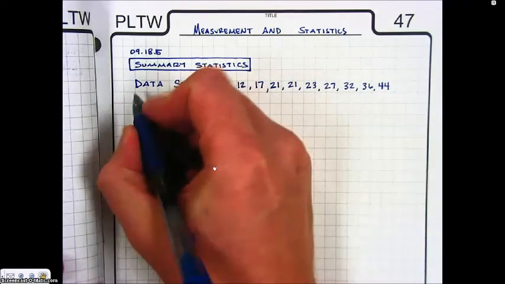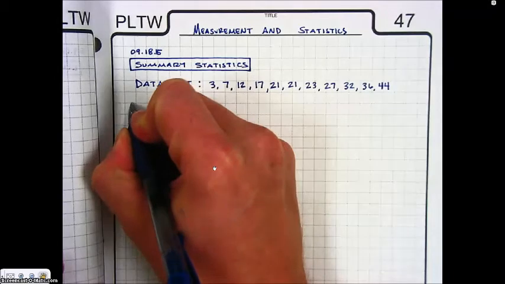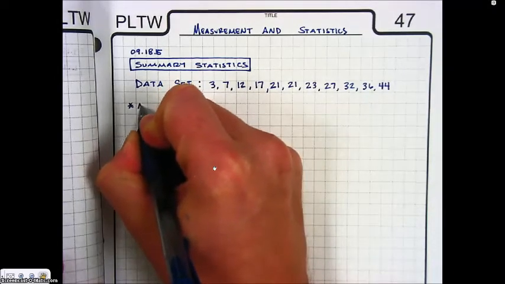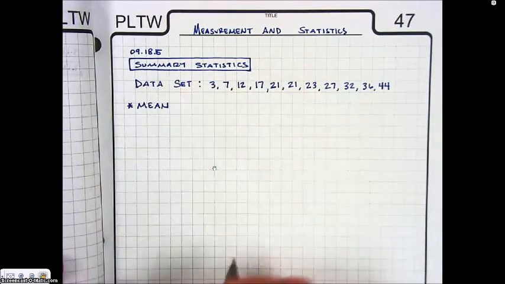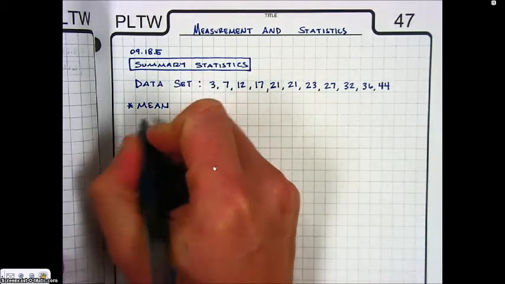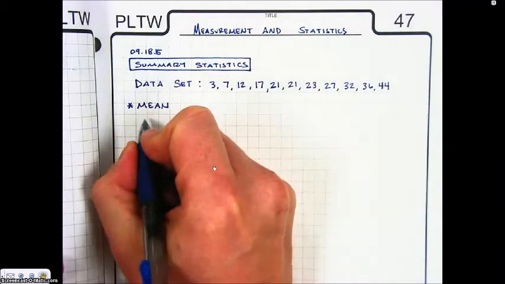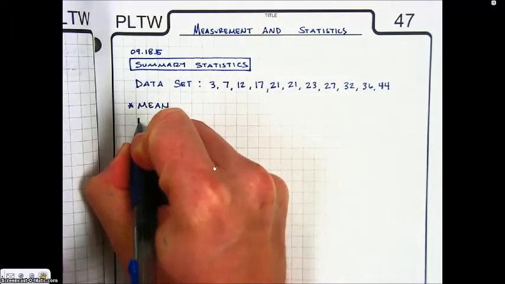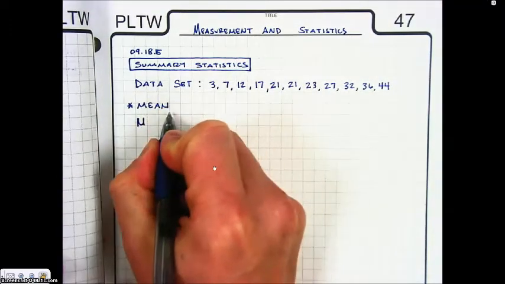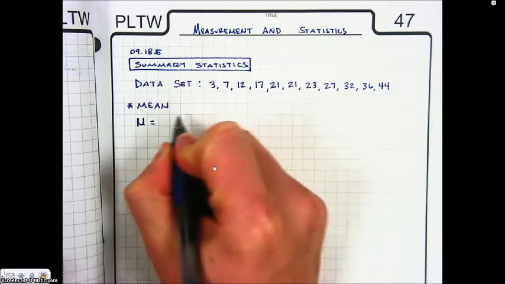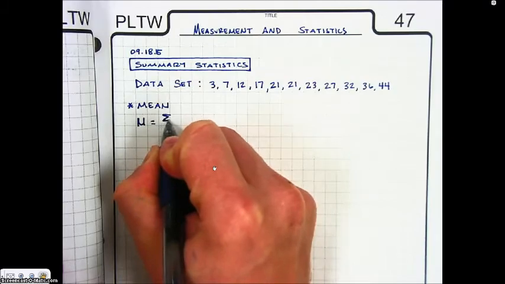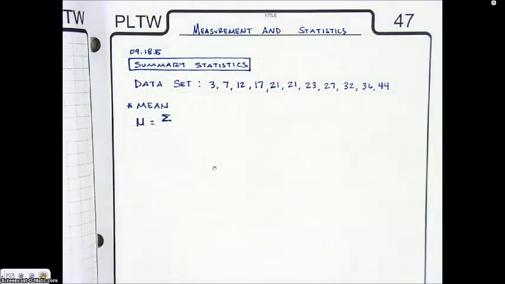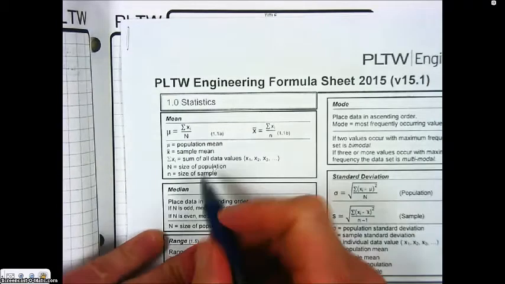And so if we're going to calculate, and I'll go ahead and put a little asterisk so we know we're doing something new, this is mean. If we're going to calculate the mean for the entire population, here's our formula. Mean equals the sum. Sigma stands for sum.